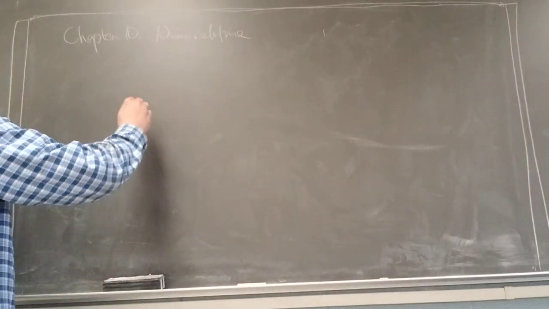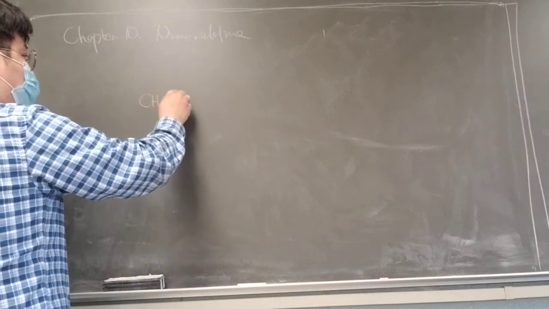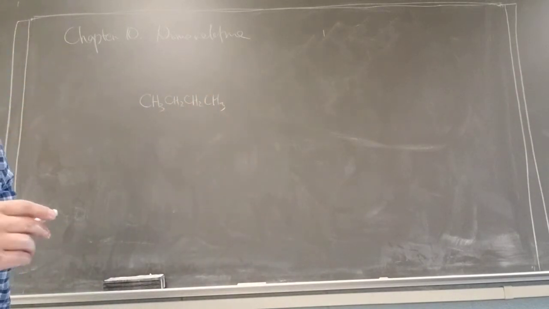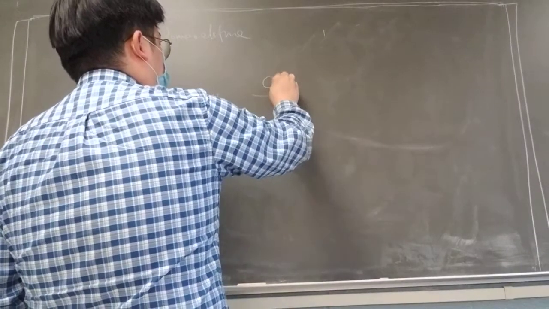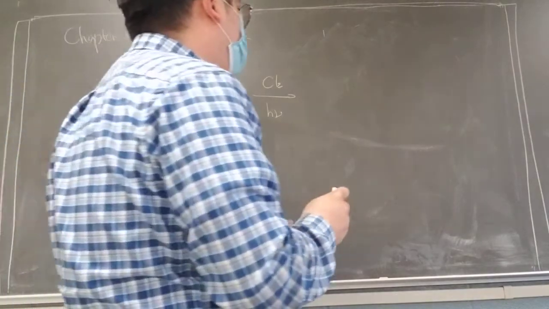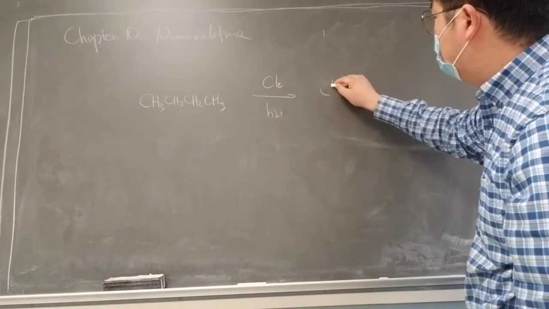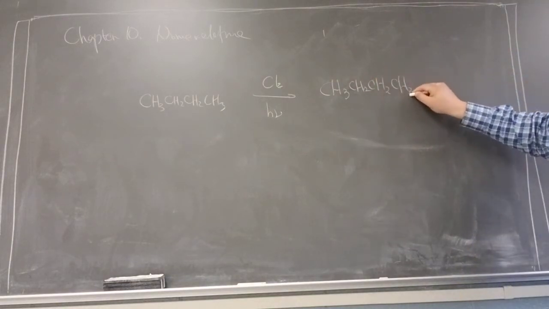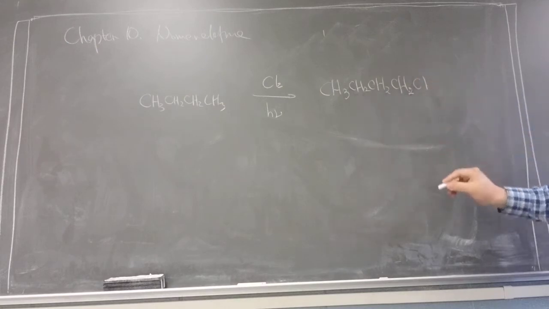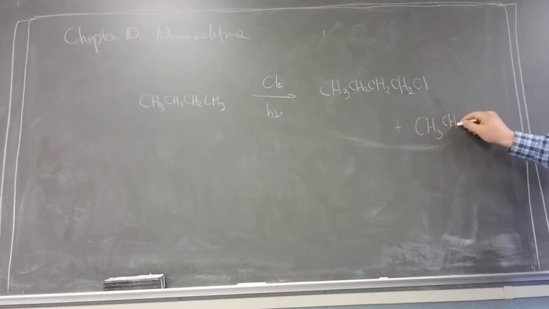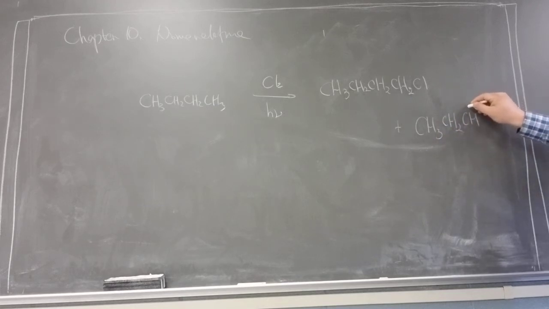Whenever we have this one, maybe you can have a butene. Let's try to do a similar reaction over here. They found two main products, which were 2-chlorobutane, this is the first one, and the other one was this one.